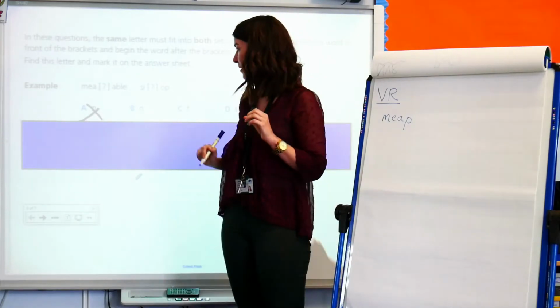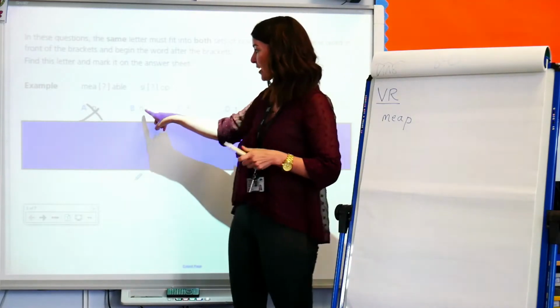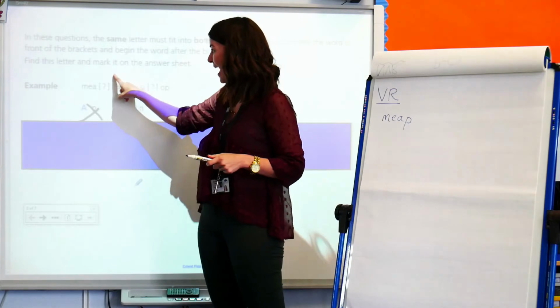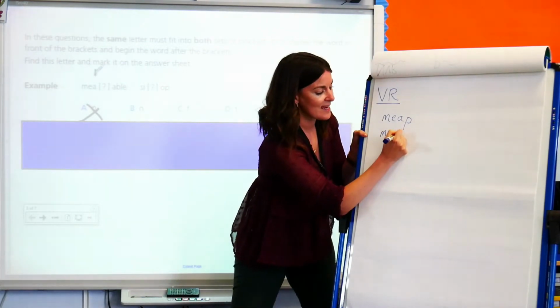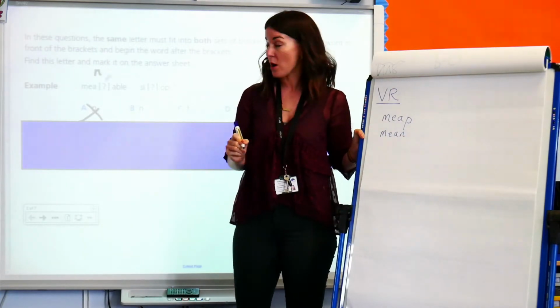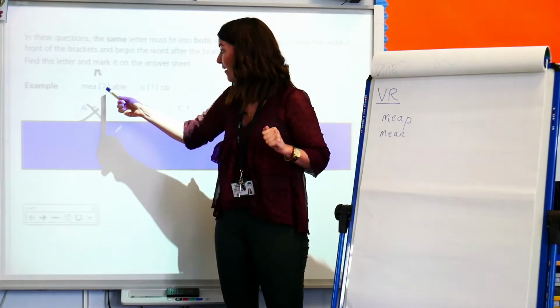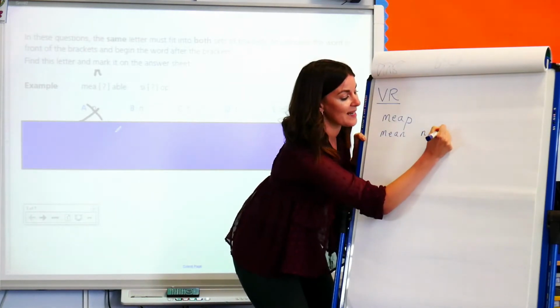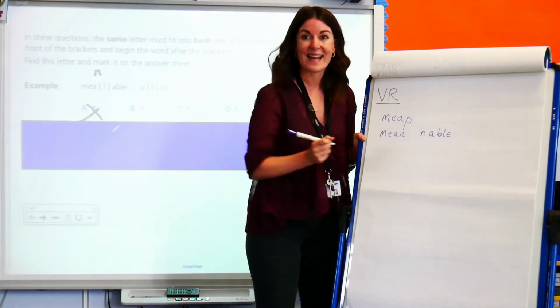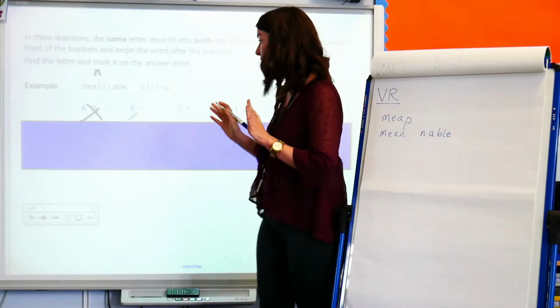So I know it can't be P. However, I look at N. If I was to move the N into here, I would get the word mean. That does work as a word. However, if I have the N here and then I use that to begin my next word, neighbour is not a word, so it can't be N.